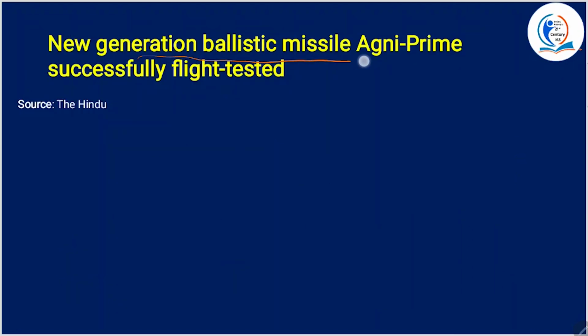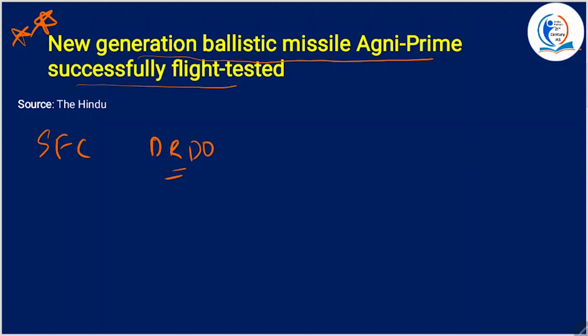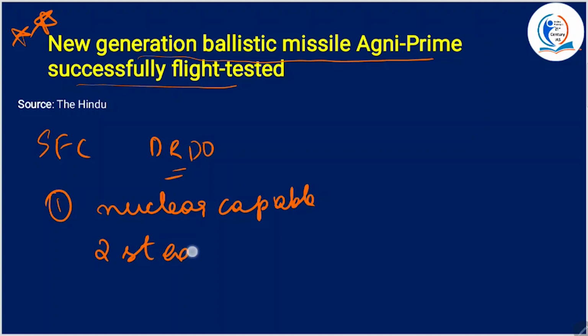New generation ballistic missile Agni Prime successfully flight tested. So this is the context and the news snippet also. Agni Prime ballistic missile was successfully tested by Strategic Forces Command SFC and DRDO from the APJ Abdul Kalam Island off the coast of Odisha. So it is nuclear capable and it is an advanced variant of the Agni class of missiles, and it has two stages.